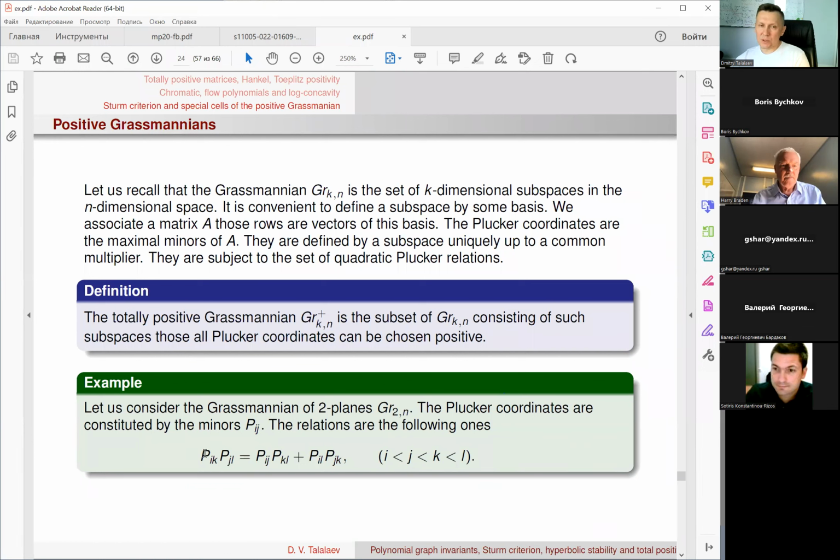One of the problems in the positive Grassmannian is to find a minimal exhaustive subset of minors such that their positivity implies the positivity of the others.